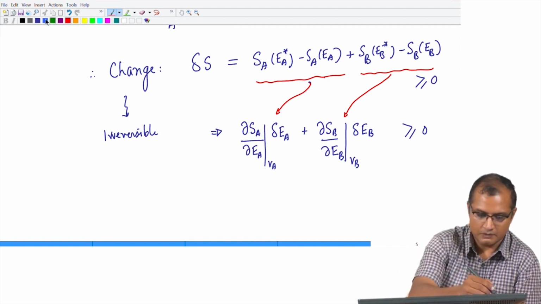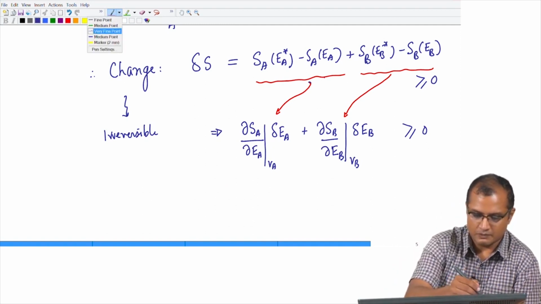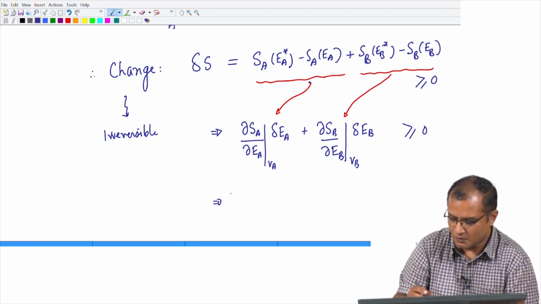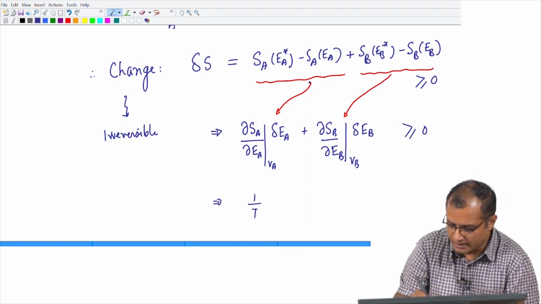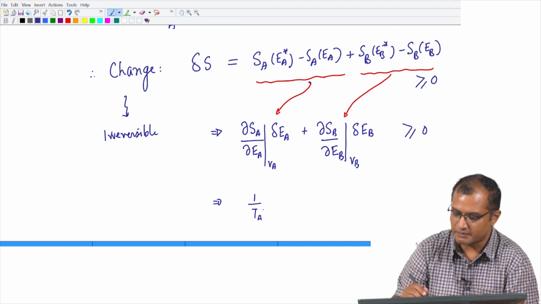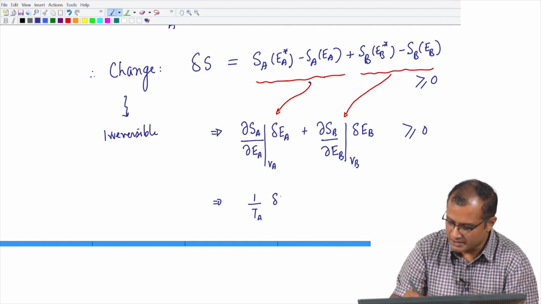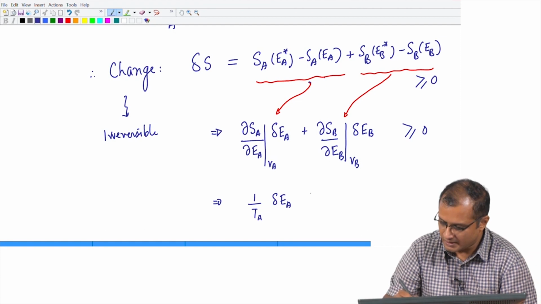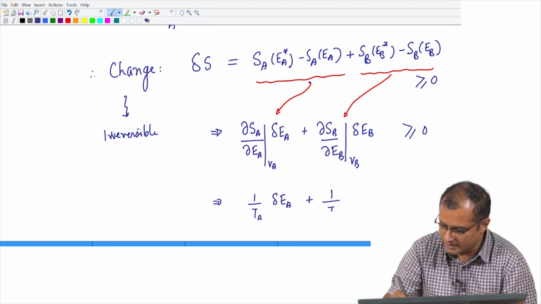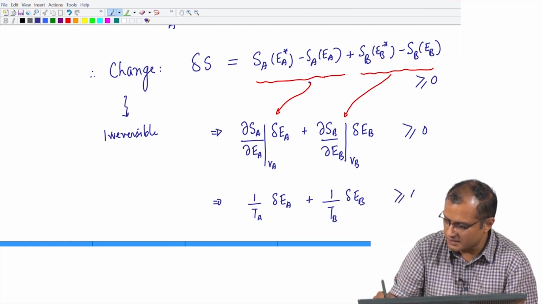Now, this quantity is nothing but 1 upon T A from the definition of temperature into delta E A, and I have 1 upon T B into delta E B, which is greater than 0.